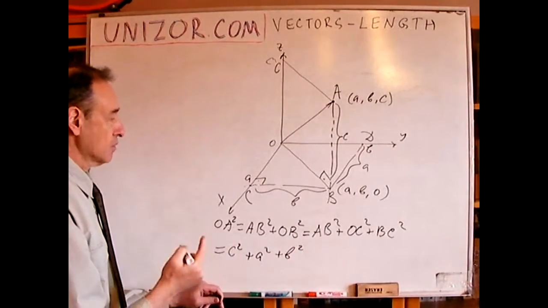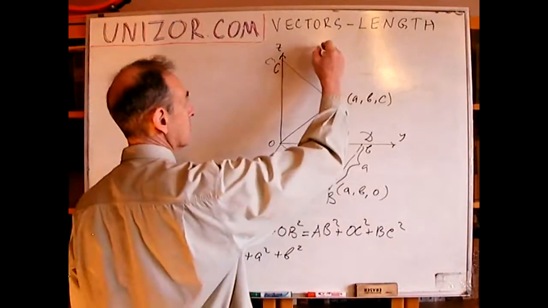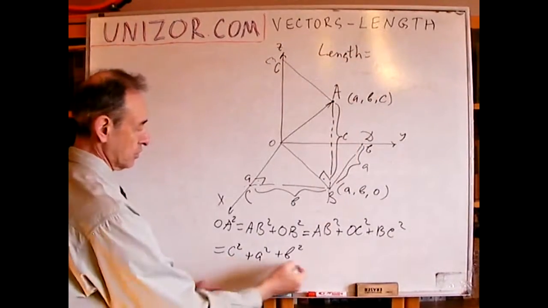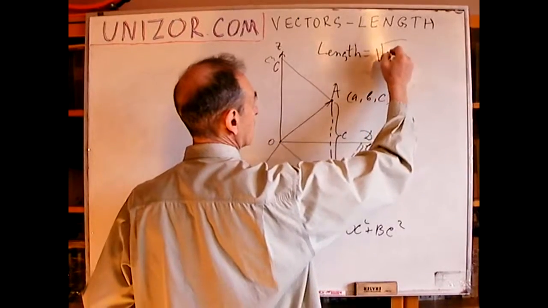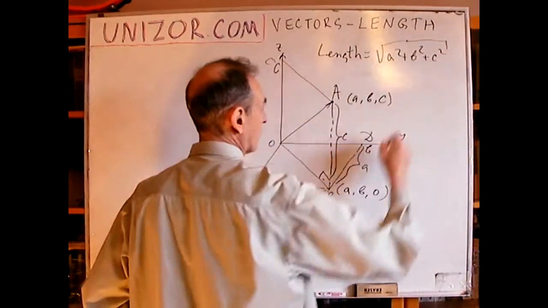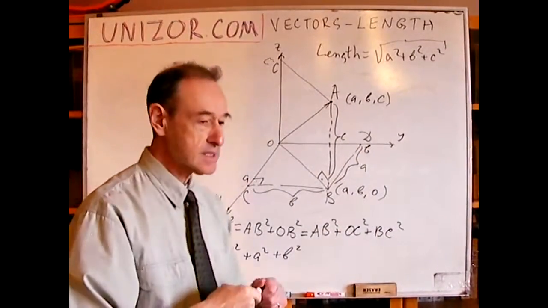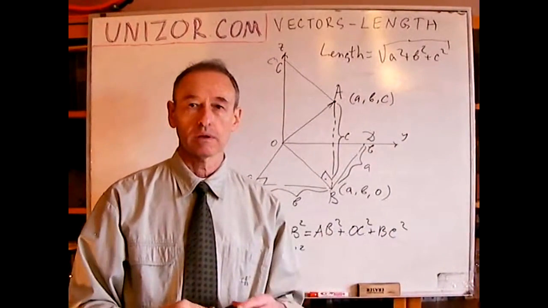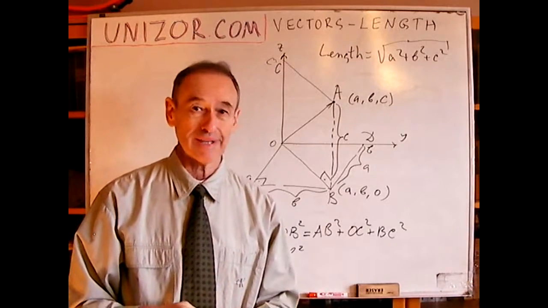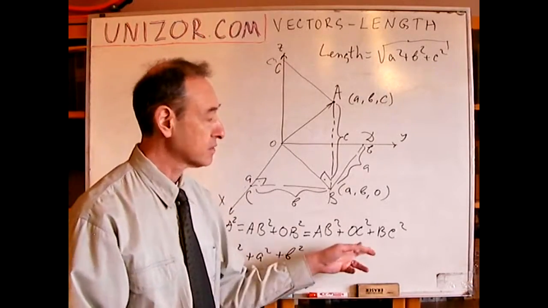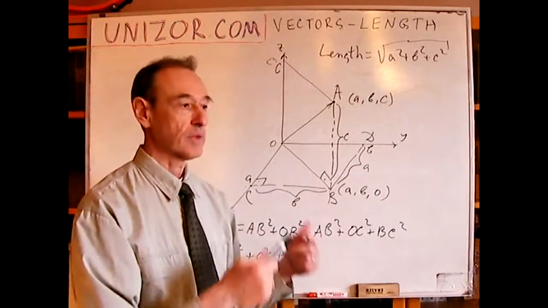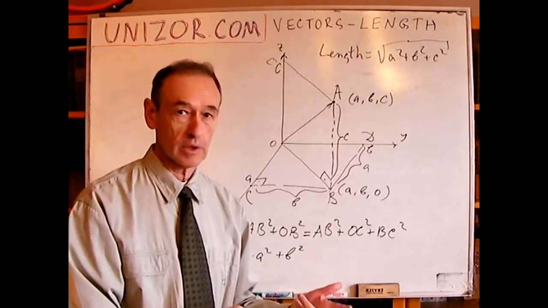So again, we look at this and we see exactly the same thing, that the length of the vector is equal to square root of A square plus B square plus C square. So this is a typical situation with all the vectors, regardless of the dimensionality. With one vector, with one tuple representing a one-dimensional vector, we had the square root of its one and only coordinate.